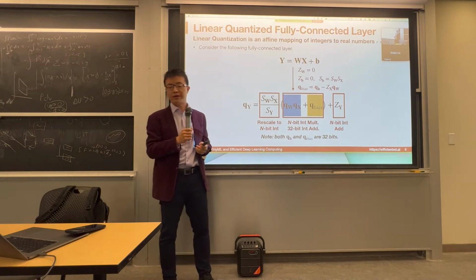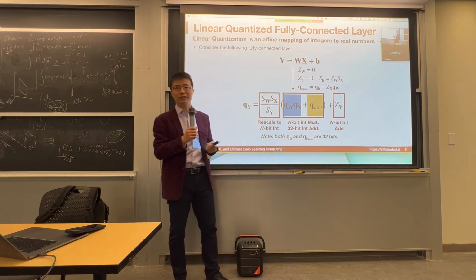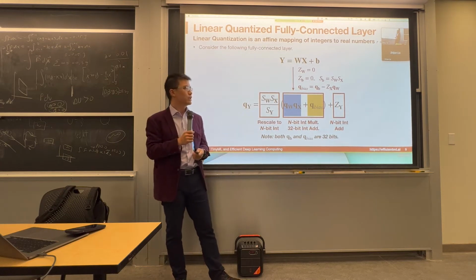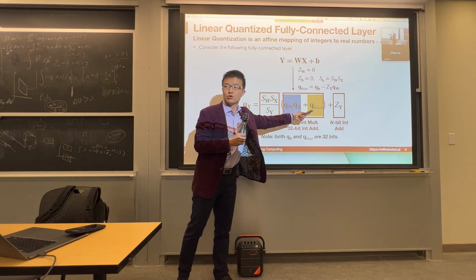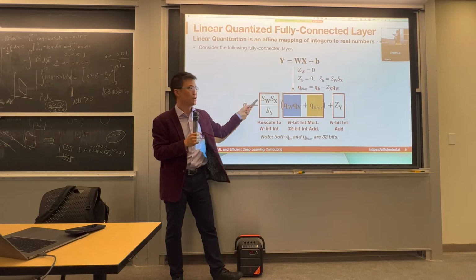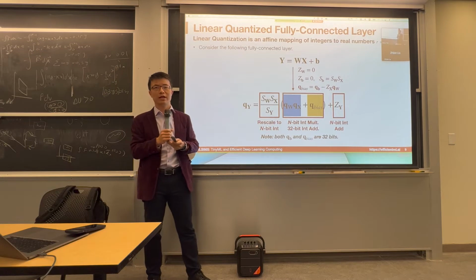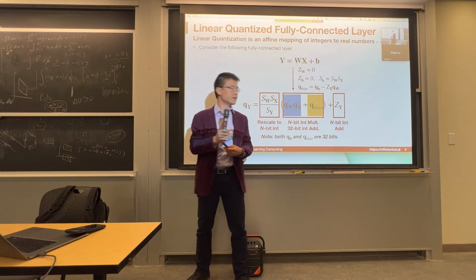So we can fully calculate the majority of the heavy lifting of the computation in fully integer multiplication, and accumulate that using 32-bit integer add. Finally, we have this scaling factor, which can be done by shift, together with integer operations, and finally an n-bit integer add.